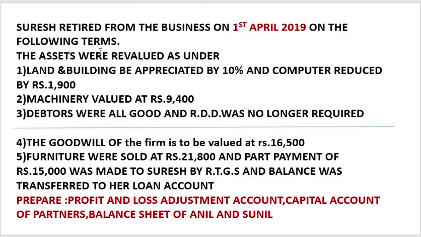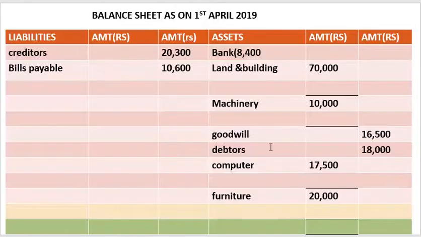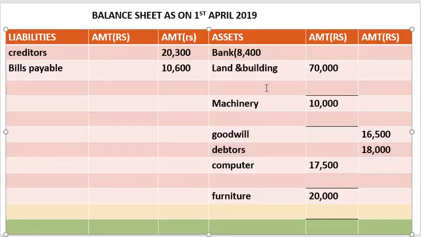Suresh retired from the business on 1st April 2019 on the following terms. Assets were valued as under: land and building appreciated by 10%. So land and building appreciated means plus appreciation. How much? 10%. 10% means 7,000. So we get 77,000.